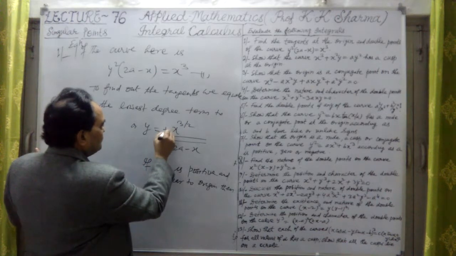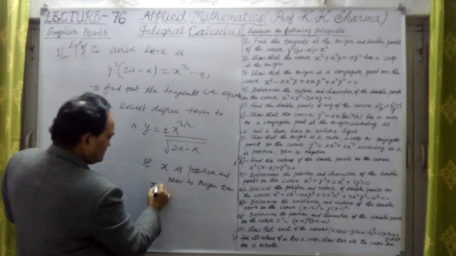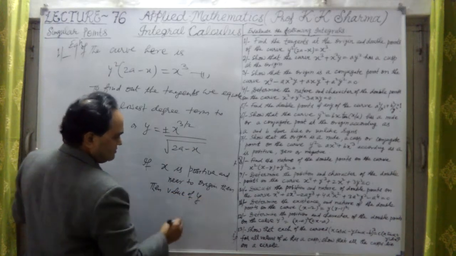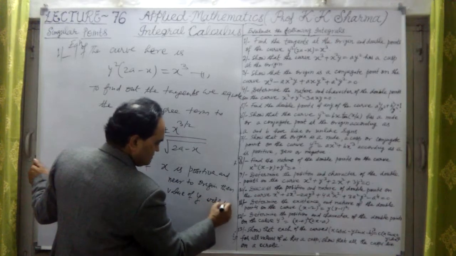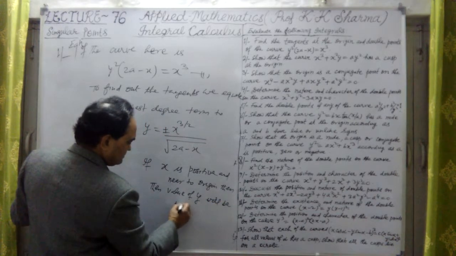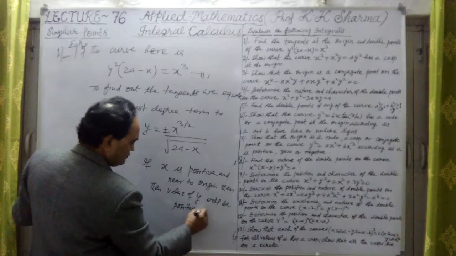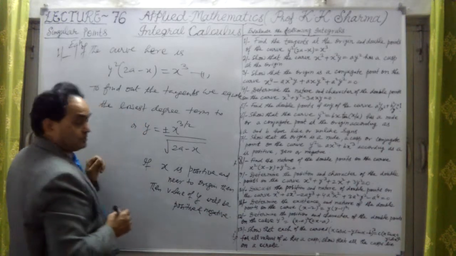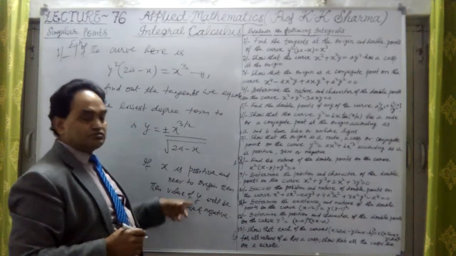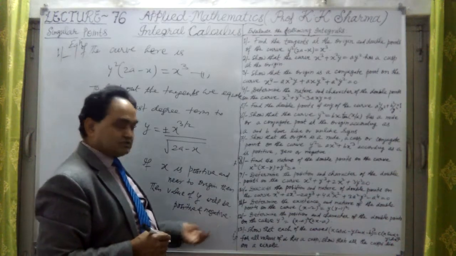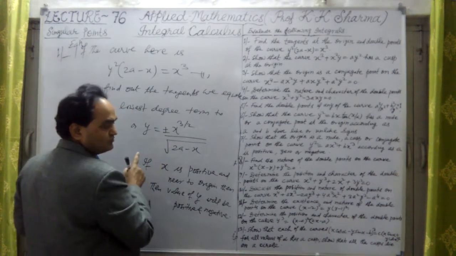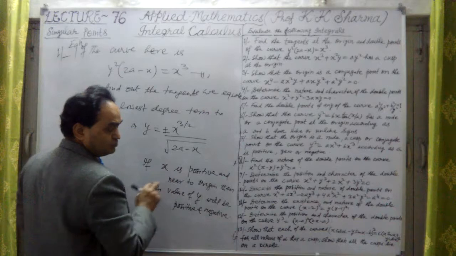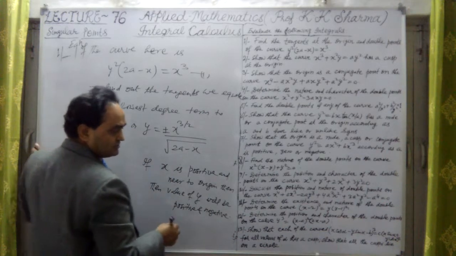Sorry, this is plus minus, I'm sorry. Then the value of y will be positive and negative, both. That means there are two different values, so this gives us two distinct values of y for one value of x. So there will be 2 points there. That means a node is there.